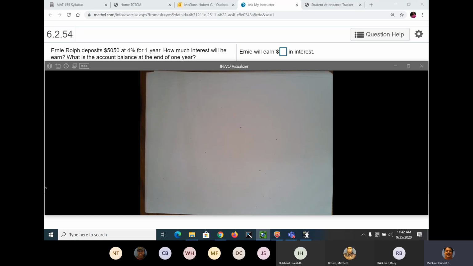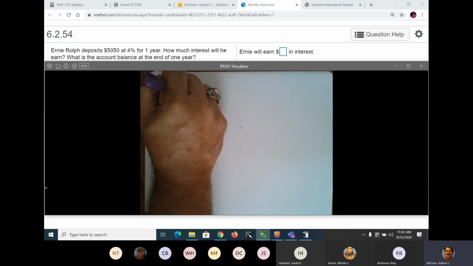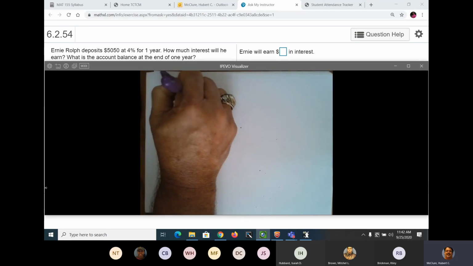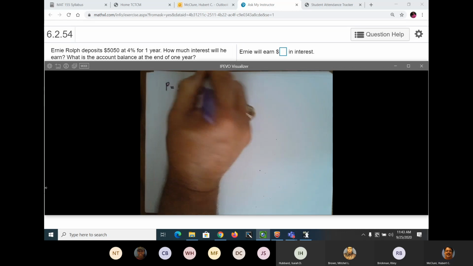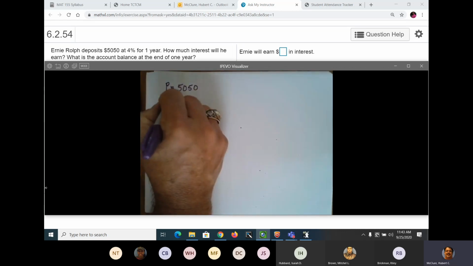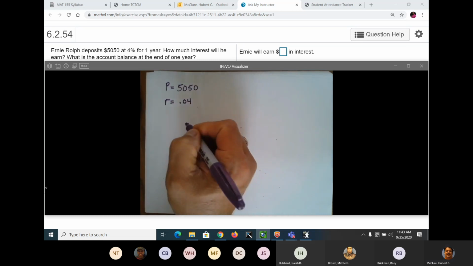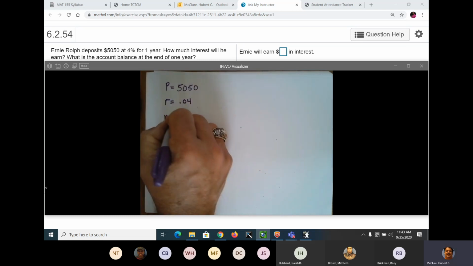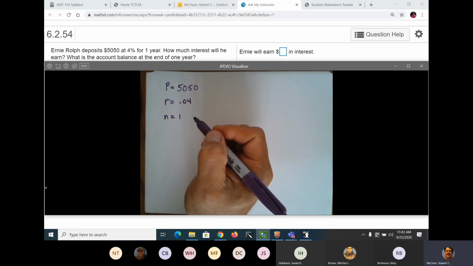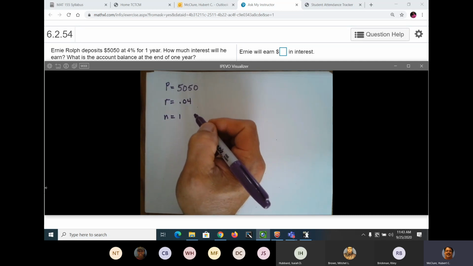So P is equal to 5050. R is equal to 0.04. N is equal to 1 because it doesn't say anything about N at all.